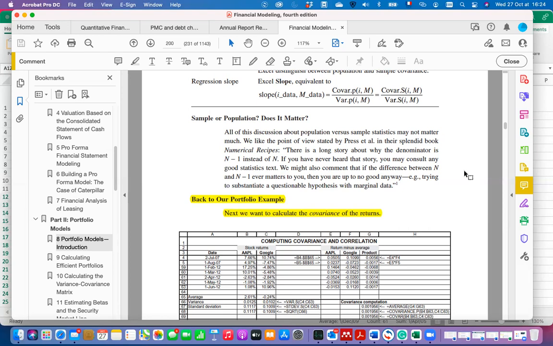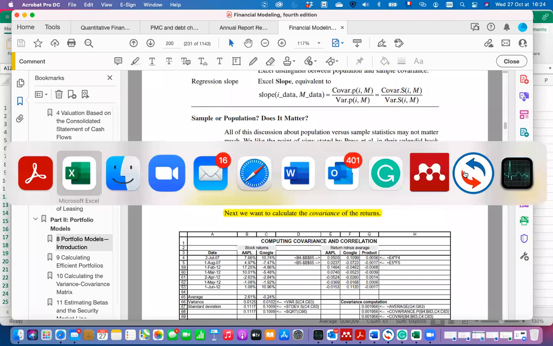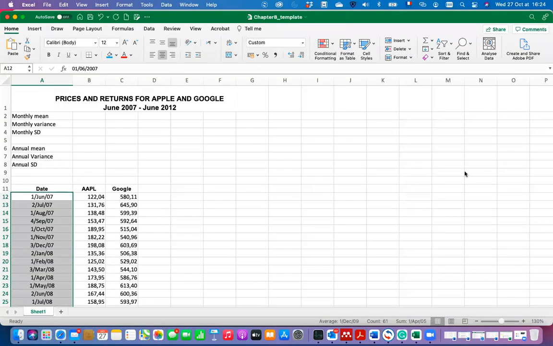Because if one of them goes down, the other one will go up and compensate the loss. So if you look for safety, you will choose negative correlation. If you look for gain, you will choose positive correlation. So we'll see all of these concepts, step by step. So please open your Excel file.